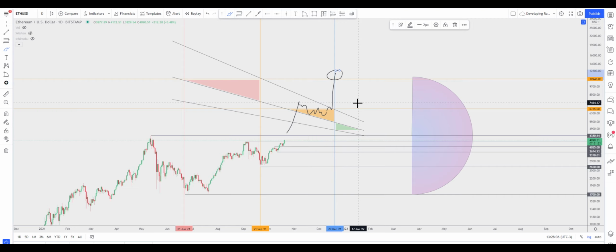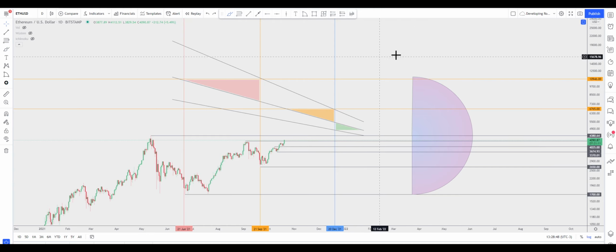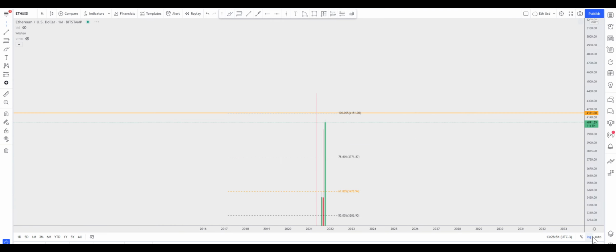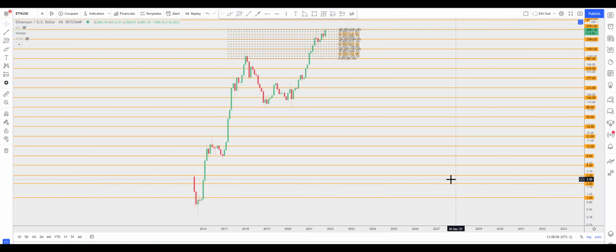Ethereum left the bottom at $80 if I'm not wrong. That's an insane move, and we know nothing goes up forever. And by the way, the move Ethereum made is mind blowing. Take a look at this, folks.